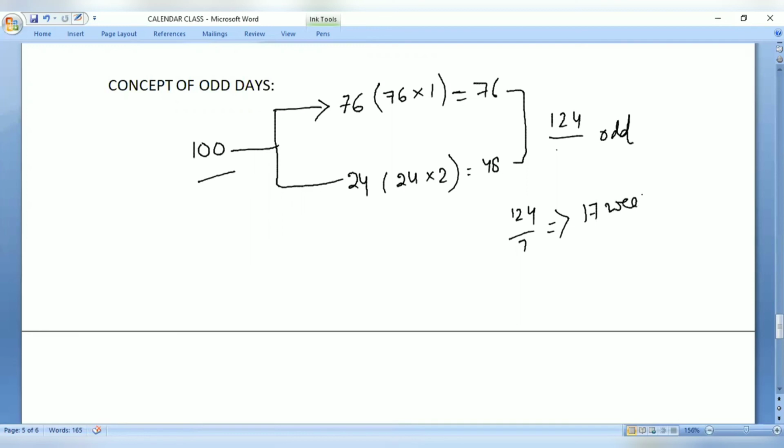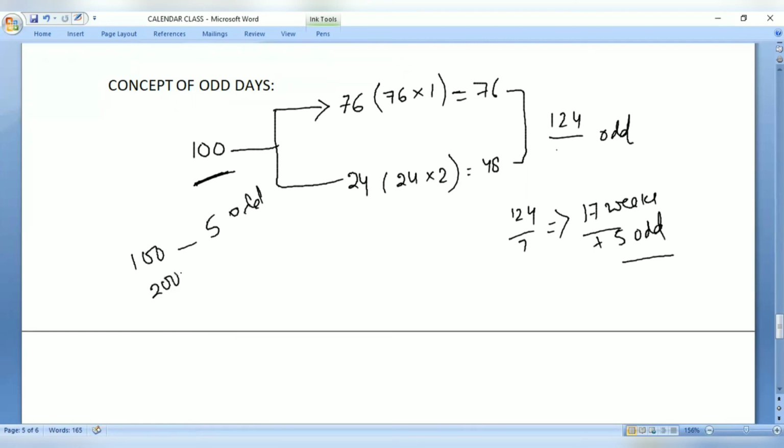So we have 17 weeks and 5 odd days. That means we can conclude that for every 100 years, there will be 17 weeks and 5 odd days. That means in a 100-year period, we have 5 odd days.